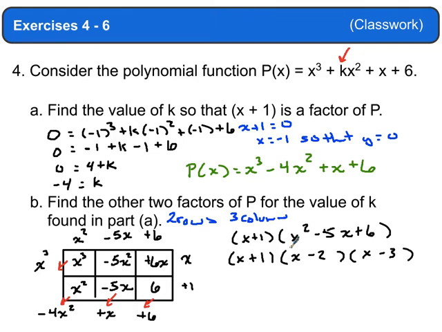So that would be the other 2 factors in this design. If we wanted to take it a step further just for fun, that means our zeros would be x equals negative 1, x equals 2, and x equals 3. That means if we put any of those into our original function, we would get a 0 for that.